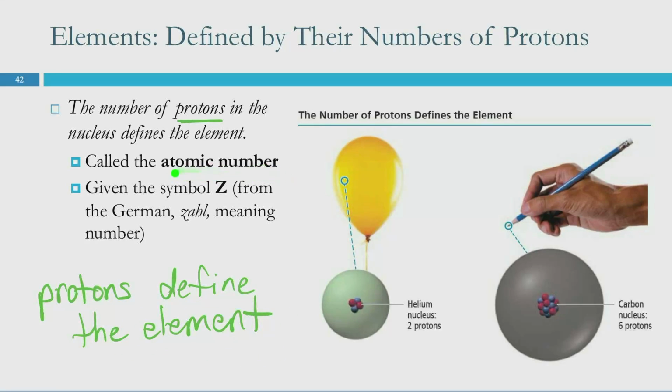We also call this the atomic number, which has the symbol Z for Zahl, which means number in German. The reason that it's in German is because the Germans were really big on chemistry for a long time, and so they paved the path for chemistry, and so it got to be their language. And Z for Zahl for number.